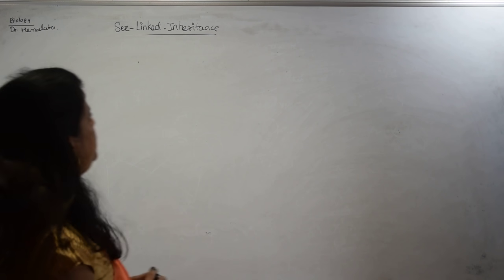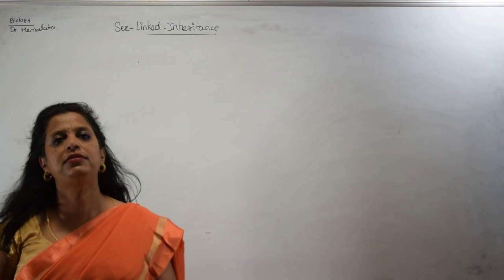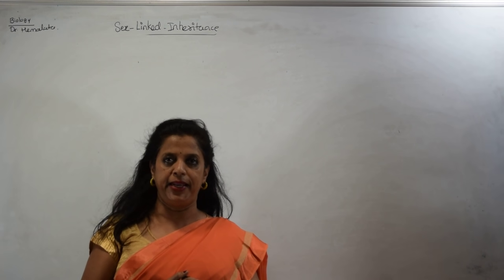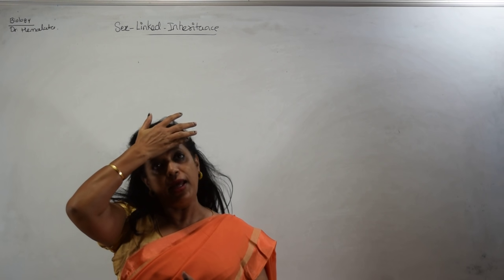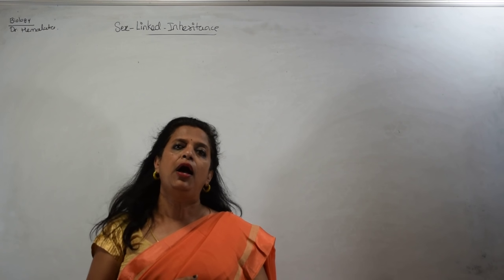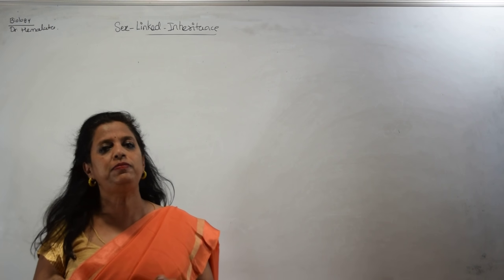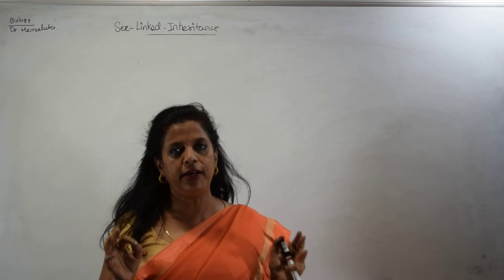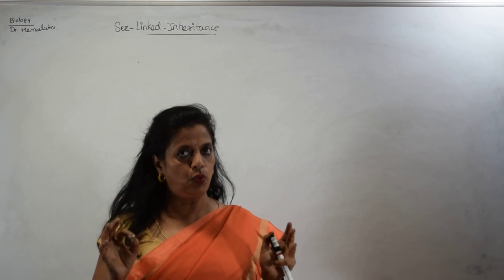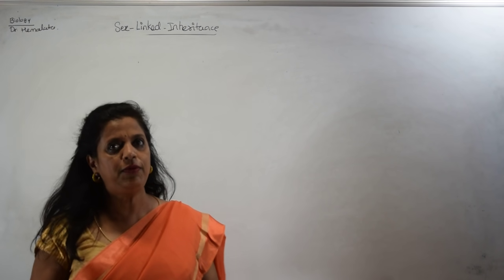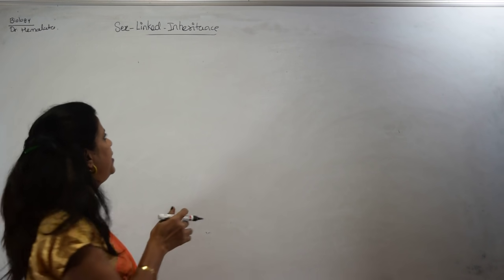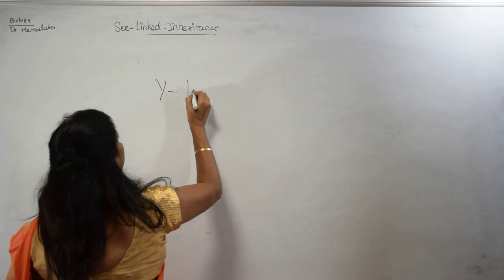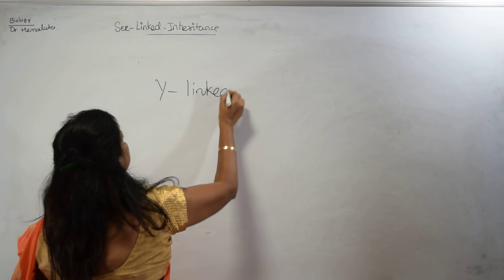Students, once we have finished with all the three examples of X-linked inheritance, see, I am using the word X-linked now because I told you sex-linked inheritance mainly covers those genes that are linked with the X chromosome only. But now I will give you something very interesting, called Y-linked inheritance.